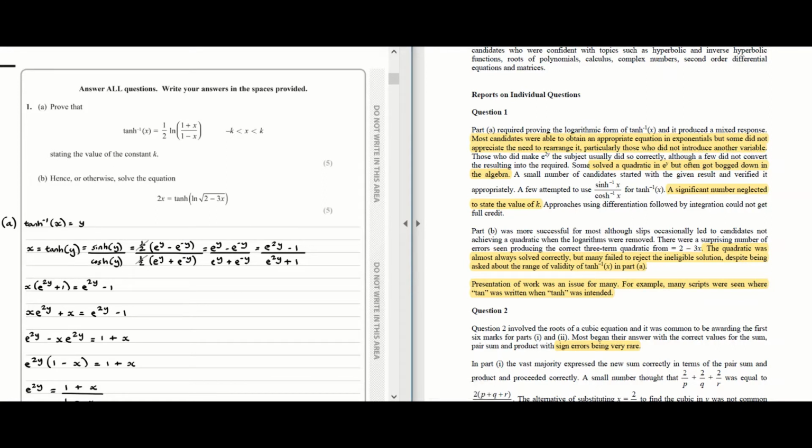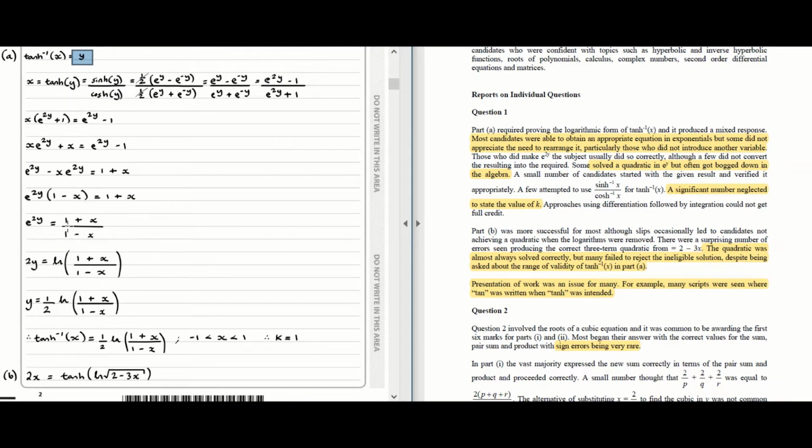And when it talks about producing another variable, my other variable is y. Those who did make e to the 2y the subject usually did so correctly, although a few did not convert the resulting expression into the required form. Some solved a quadratic in e to the y, but often got bogged down in the algebra.